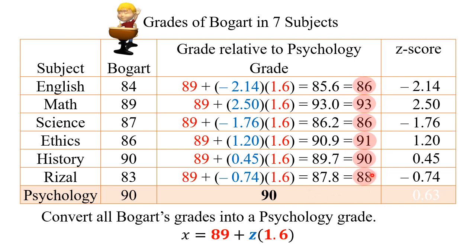So this time you can directly compare. The highest grade is now 93 and the lowest grade is 86. Actually, it's 85.6 in particular, for English. So that's how we use the z-scores, or the standard scores that we know.